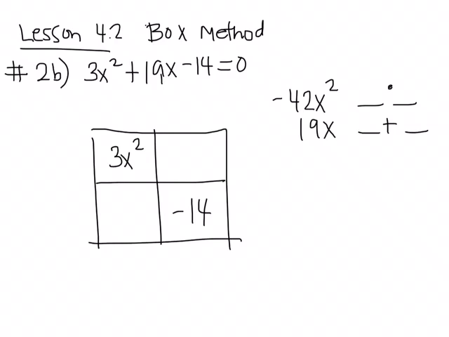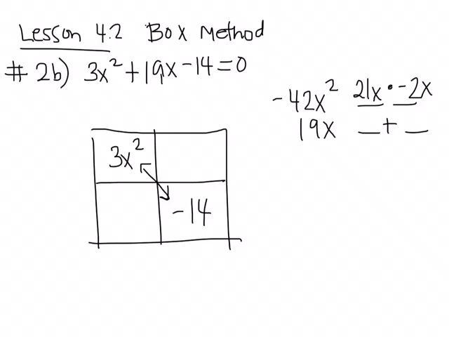So I know that 21x and negative 2x would work. If you tried to multiply them, they would get you the negative 42x squared. At the same time, they would add up to 19x.